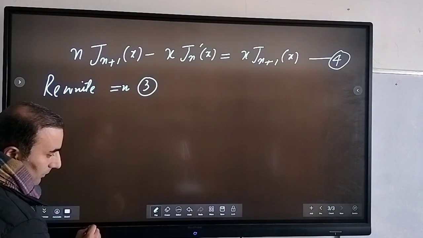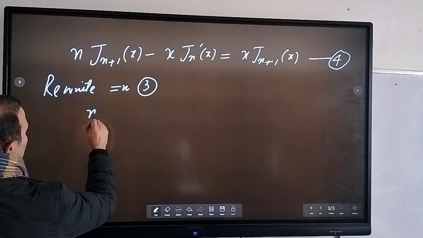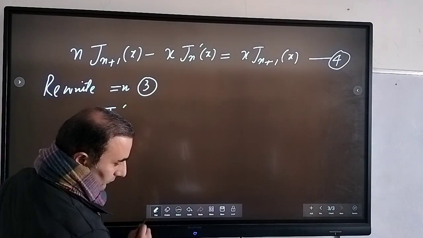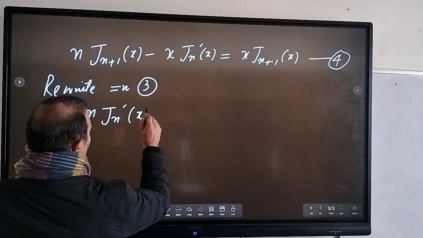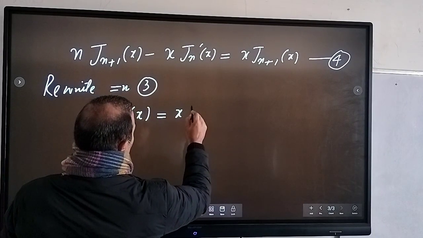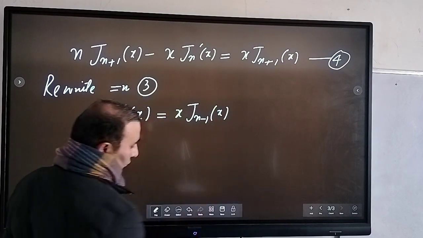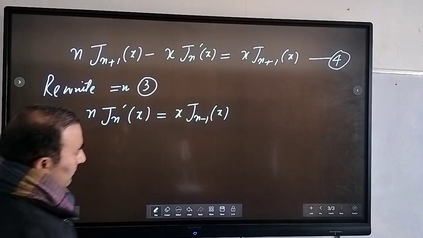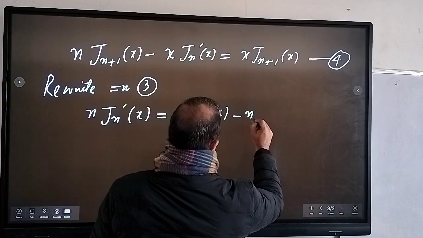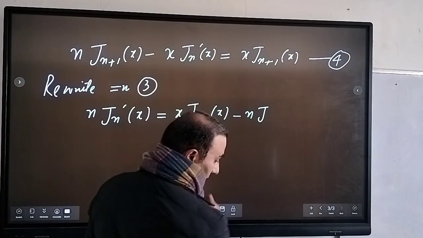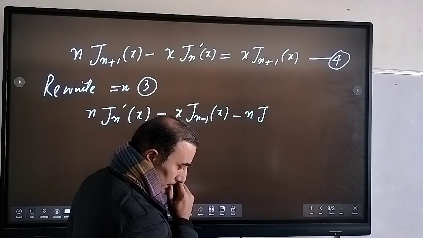So that means I can write n j dash of x, that's x j of n minus 1 of x minus n j n minus 1 of x. Is it n minus 1?